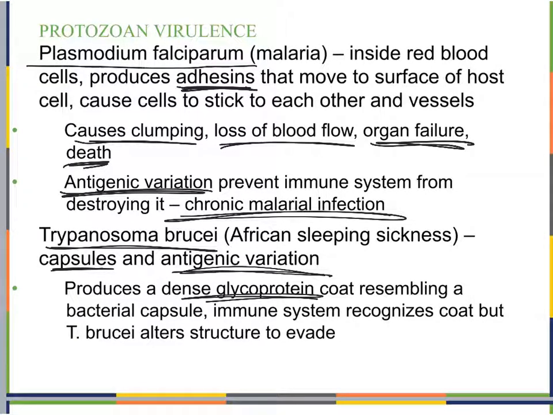But again, it makes it really, really big and hard to get rid of, hard for our body to clear, hard for our body to recognize. If it does recognize it, then we have antigenic variation. So the antigenic variation makes it look different every time anyway. Or maybe not every time, but a lot of times it'll make it look different. So even if our body is able to get around this capsule in this case, then our body is not able to clear it because it keeps changing what it looks like.